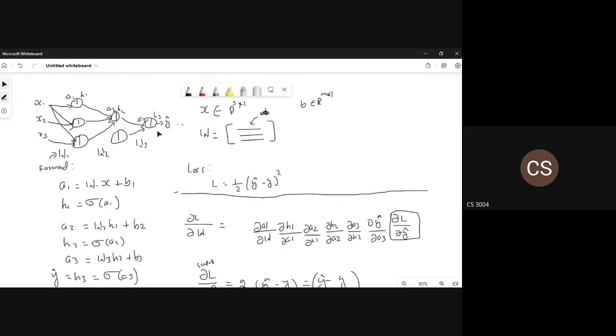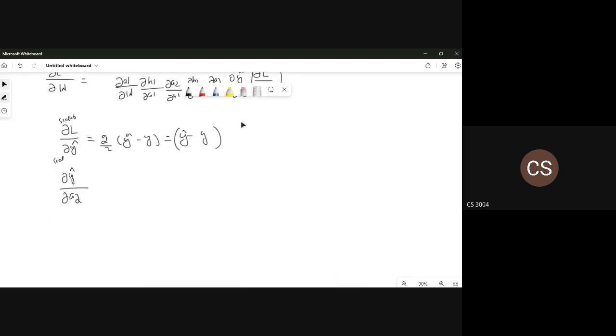You can see a3 is also a scalar, the linear part. The derivative is simply that of the activation function. It's a sigmoid activation, so we can write the derivative of the sigmoid. I'm going to keep this as sigmoid dash of a3, whatever the input to the sigmoid, that is where you evaluate this derivative.